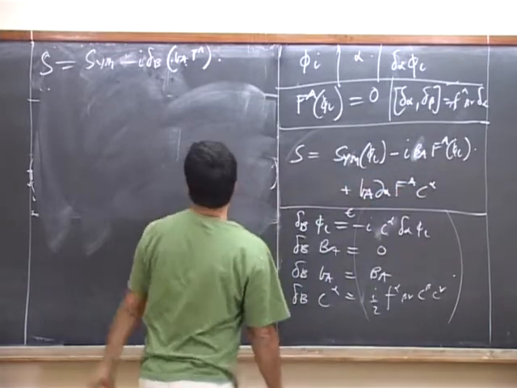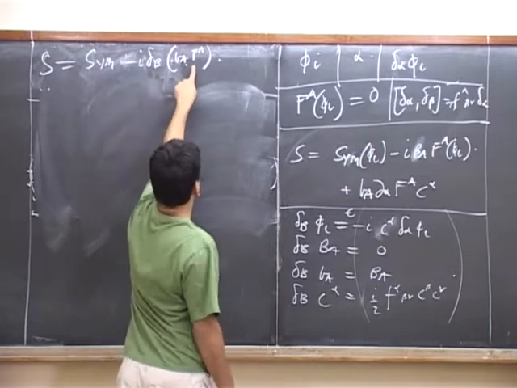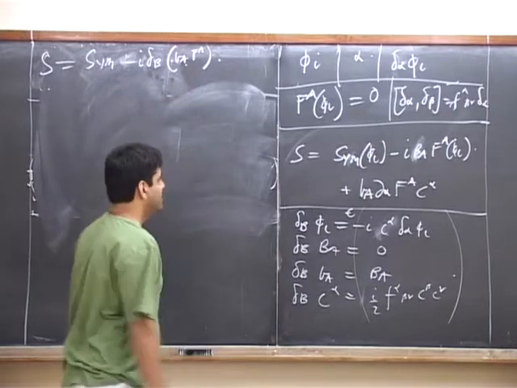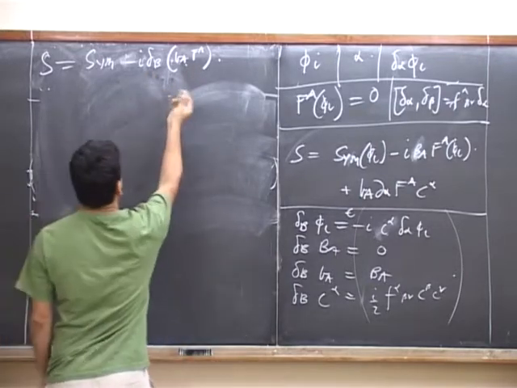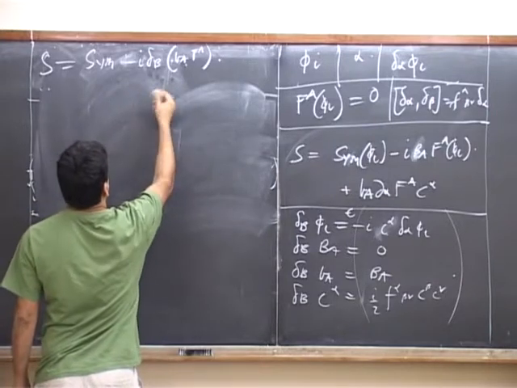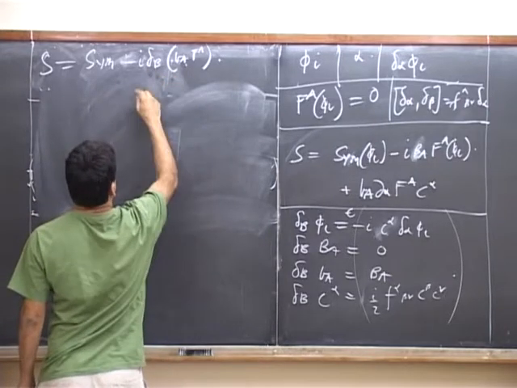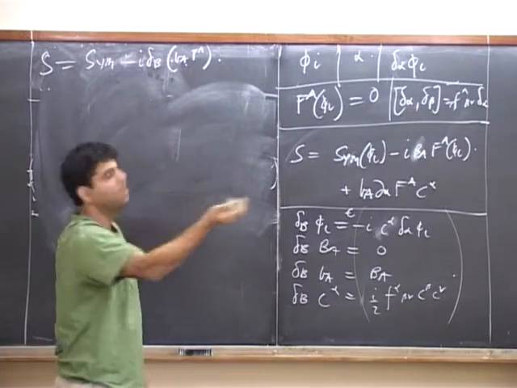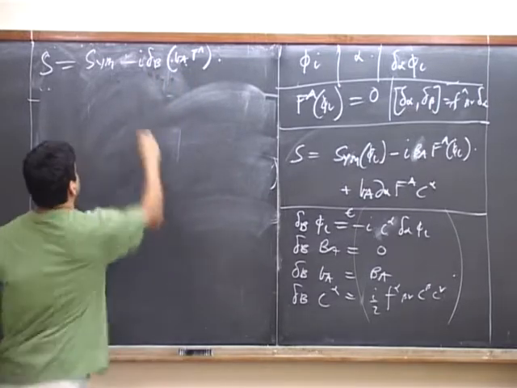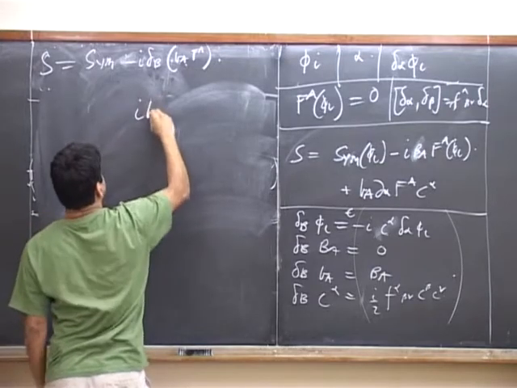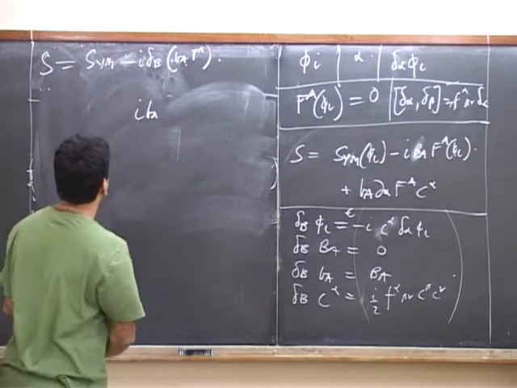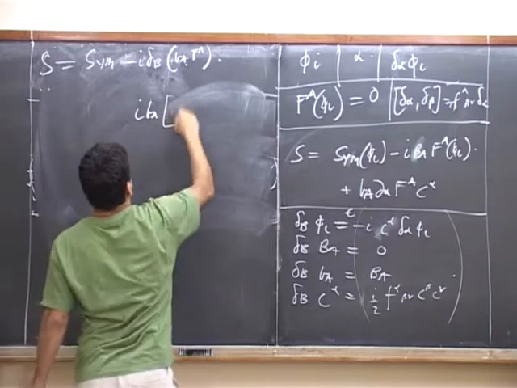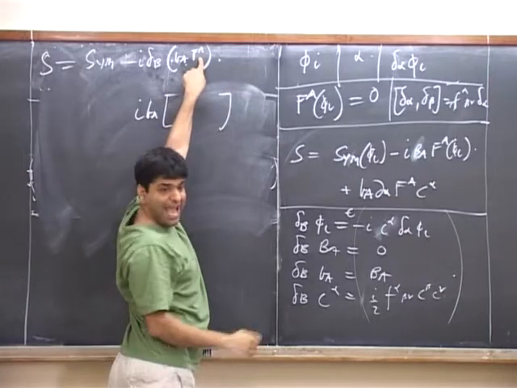On the other hand, delta B acting on F A is what? Firstly, I pick up a minus sign because delta B, which itself is an anti-commuting operation, goes through an anti-commuting field. So I get plus I times B A times the variation of F A.